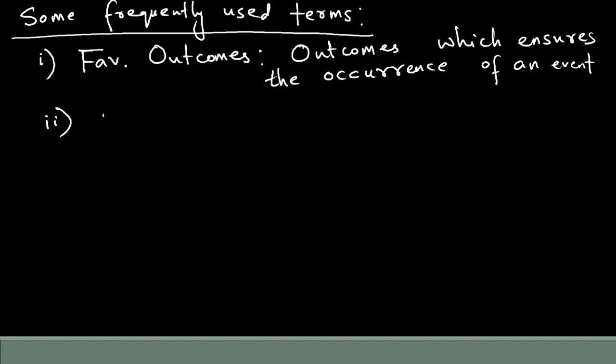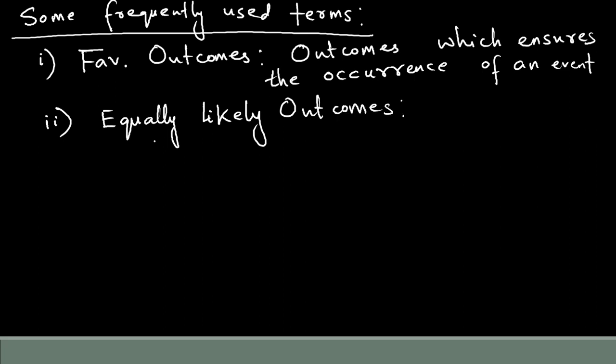Now we need to understand one more term, which we will see quite many times, which is equally likely outcomes. What do you mean by equally likely outcomes? We say the outcomes are equally likely when all the outcomes have equal chances of occurring.